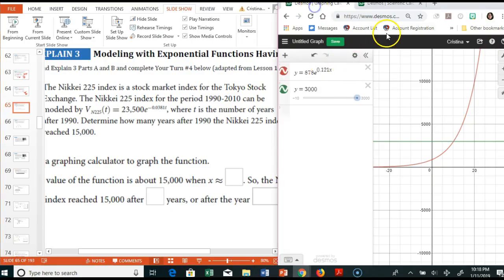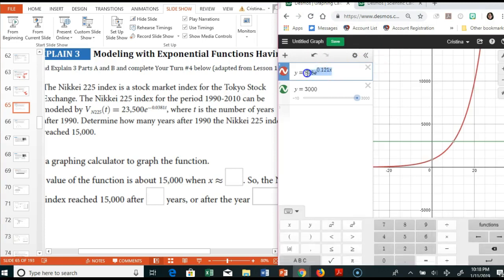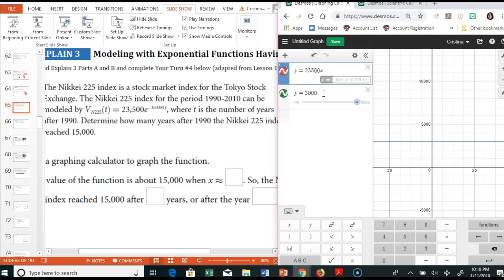So I pulled up the graphing one again, and instead of writing y equals my old function, I'm going to write in 23,500 times e to the negative 0.0381.